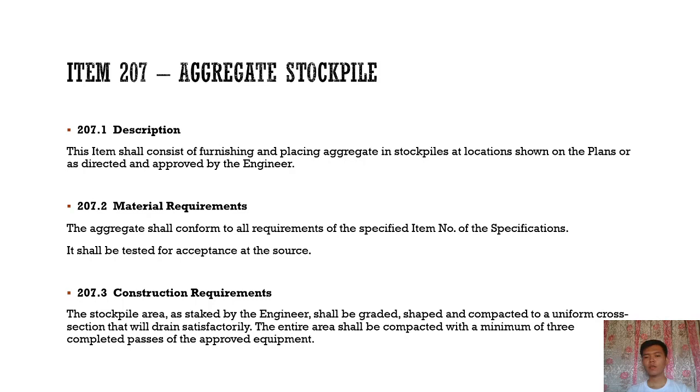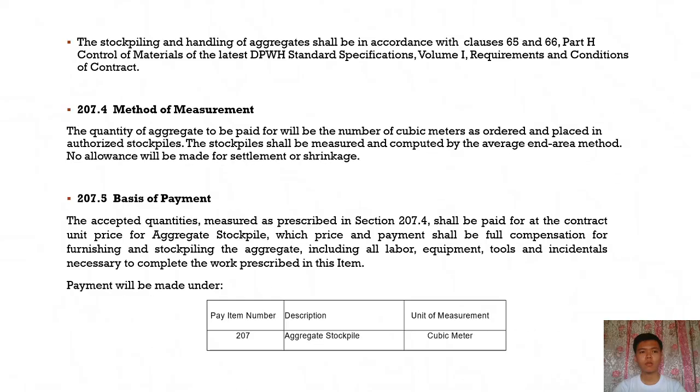The entire area shall be compacted with a minimum of 3 completed passes of the approved equipment. The stockpiling and handling of aggregates shall be in accordance with Clause 65 and 66, Part H Control of Materials of the latest DPWH Standard Specifications, Volume 1 Requirements and Condition of Contract.